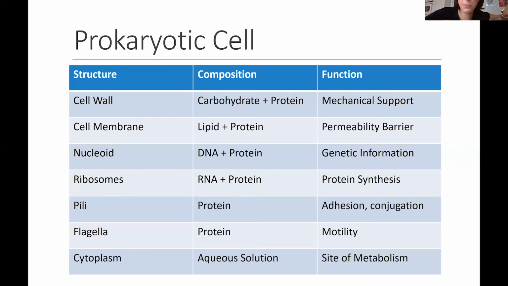And again, they help with adhesion to either other bacteria cells or other cells, or just other structures. Flagella: not all prokaryotic cells have flagella, but generally they have some sort of structure made of protein that helps with their motility, their ability to move around.